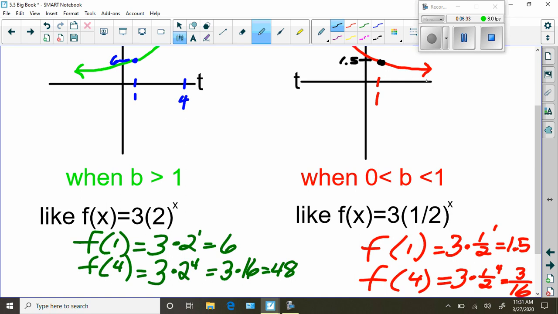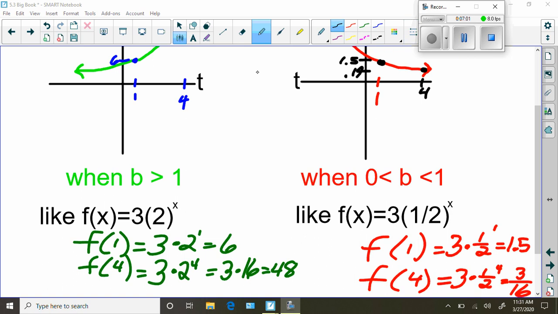But then if x is 4, dang it, I didn't change the color. Oh well. Then this value would be, what did we say, 0.12? Or no, 0.19. Okay, and so that's growing exponentially over here, and this is decreasing exponentially there.